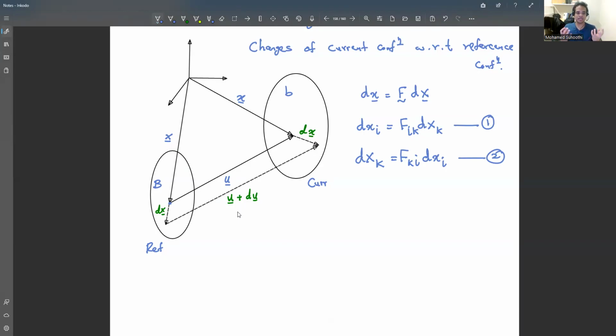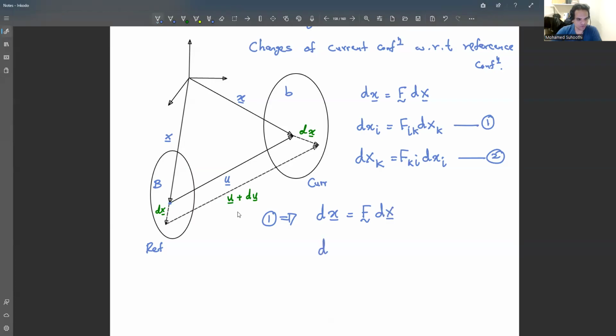So what is the second equation? What I have done here is I represent the reference configuration change with respect to the current configuration, right? So from equation number 1, if I consider the vector form, that is the first one, this one, dx.